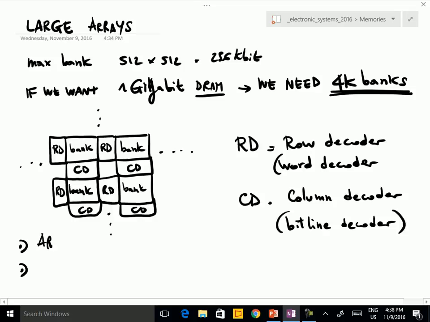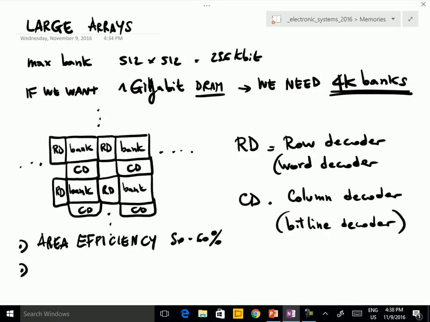So the area efficiency of typical arrangements is something like 50-60%. By area efficiency, I mean the ratio of the area actually occupied by the memory banks and the area occupied by the periphery circuit, the addressing circuit, and so on.